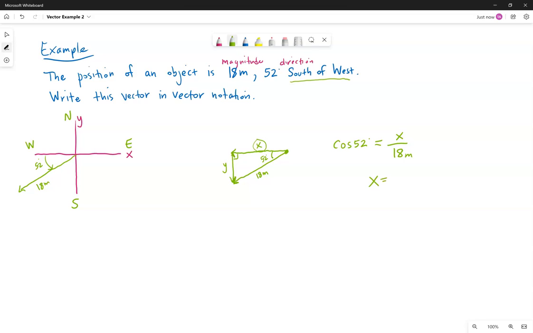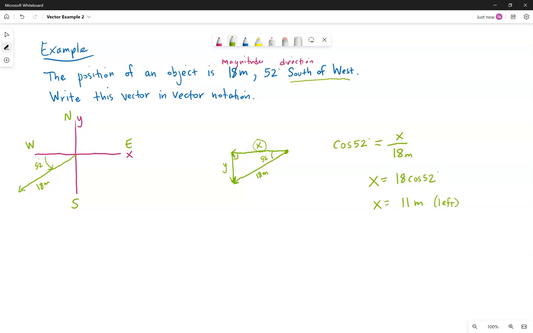If I solve for x, I get x is 18 times the cosine of 52. I'm getting 11 meters.